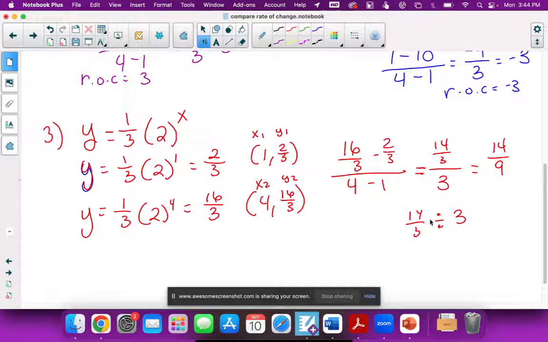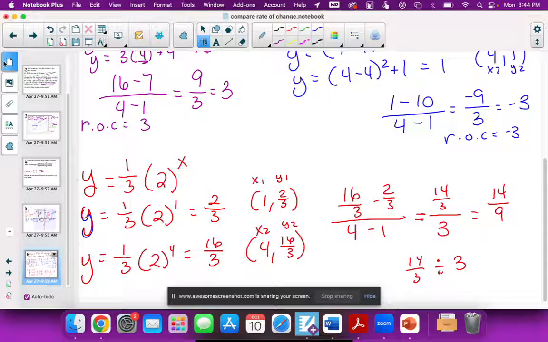Okay, so that's it. That's how we compared using average rate of change. So you'll be doing this from graphs, from tables, and from functions.